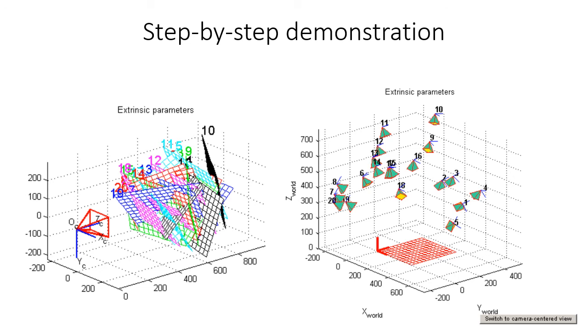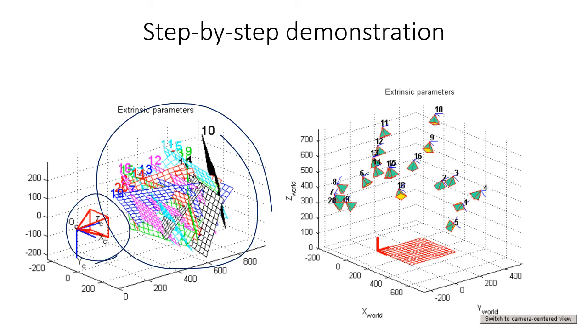In the previous slide, we captured 20 images. So this shows the pose of each pattern. Because to estimate the camera matrix, we should know the pose of these patterns. So for 1 to 20, we can estimate the pose of these patterns in this camera coordinate, right? And this shows some extrinsic parameters.